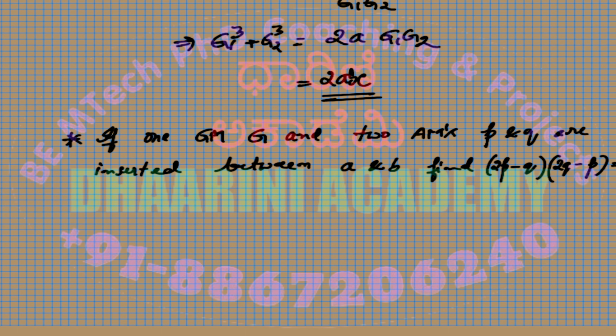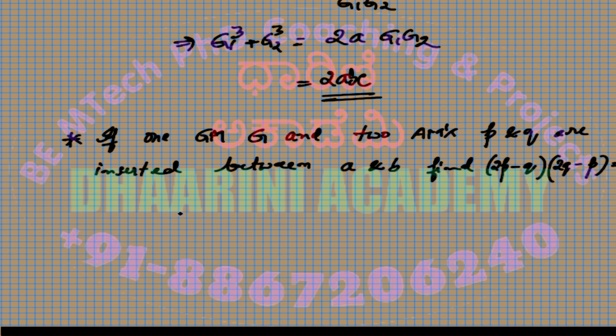So the answer comes to be equal to G square. 2P minus Q into 2Q minus P is G square.